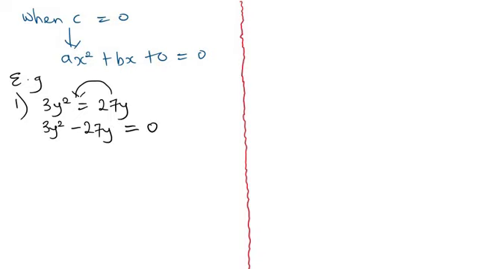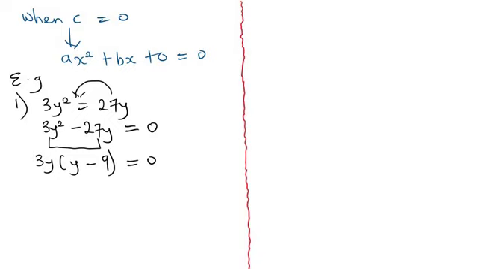Now, we don't need to introduce our c in this question because looking at these two terms, we can get what is common and factorize. So what is common between 3y squared and 27y is 3y. So 3y squared divided by 3y, I get y, minus 27y divided by 3y, I get 9, all equal to 0.